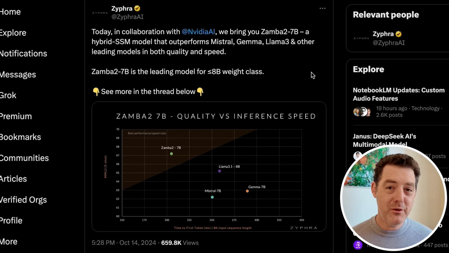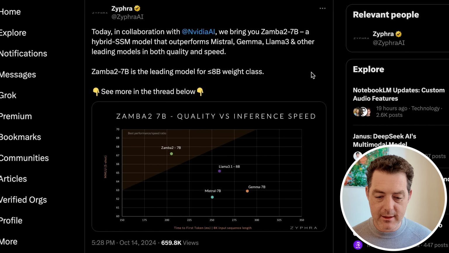Next, we have a new non-transformer model. This one is from a company called Zyphra AI, and they announced today, in collaboration with NVIDIA, we bring you Zamba 2 7B, a hybrid SSM model that outperforms Mistral, Gemma, Llama 3, and other leading models in both quality and speed. It is the leading model for the less than 8 billion parameter weight class.